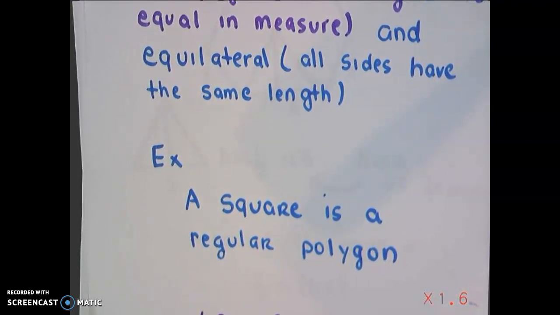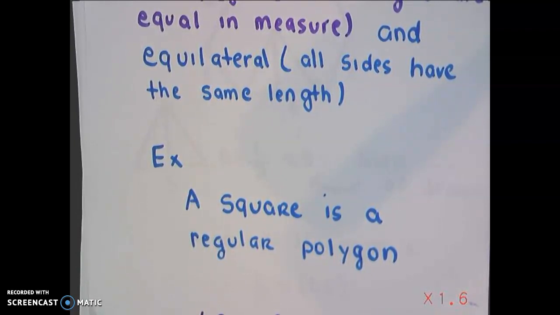If you think about an equilateral triangle, all the sides are equal, and all the angles are 60 degrees. So an equilateral triangle is another example of a regular polygon.